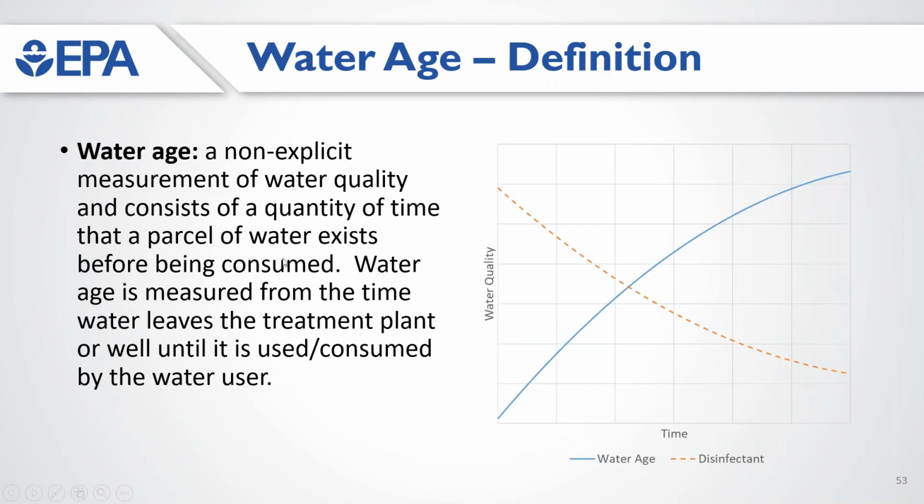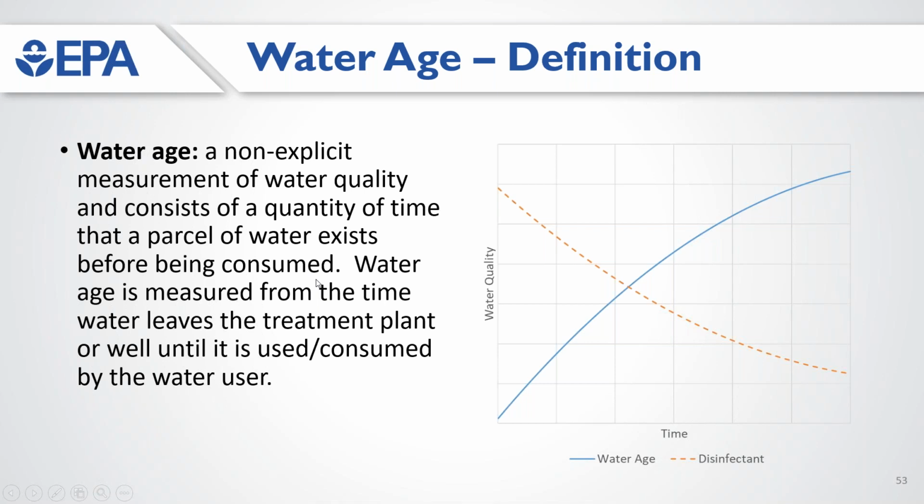Water age is a quite direct indication of water quality. You don't need to know too much about the chemicals. You don't need to know any chemicals.